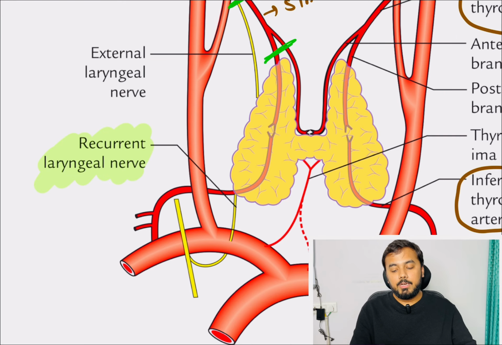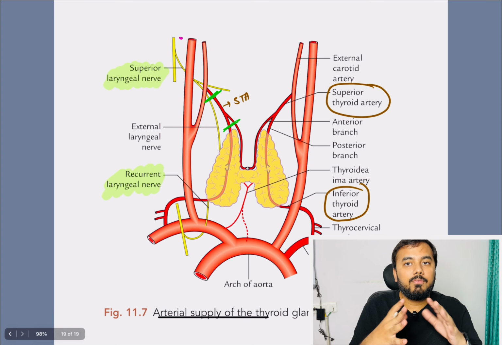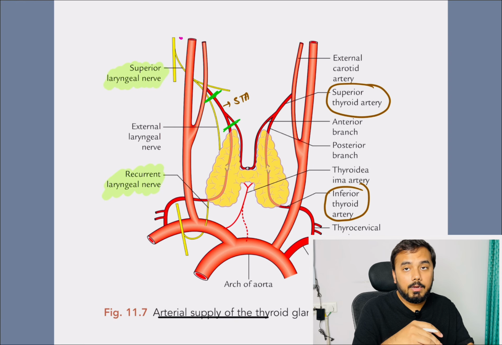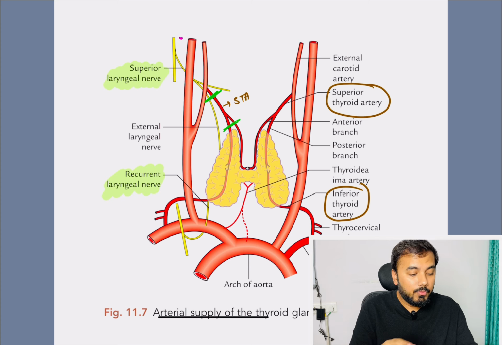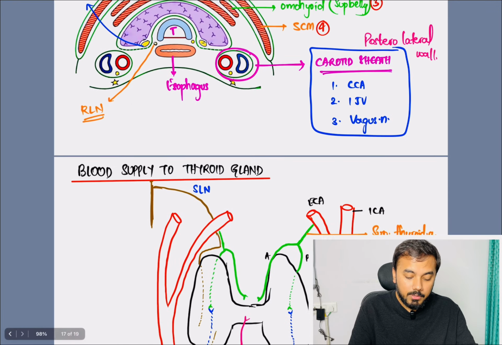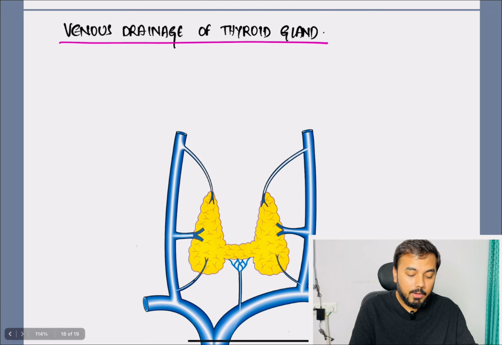So the difference between superior and inferior thyroid artery ligation is, when you ligate the superior thyroid artery, you ligate it near to the gland, and when you ligate the inferior thyroid artery, you ligate it away from the gland. These are the two important things which you need to know. So this wraps up the blood supply of your thyroid gland.